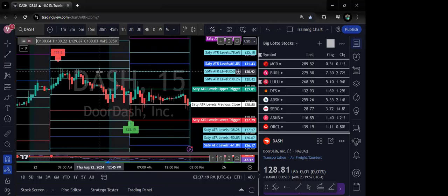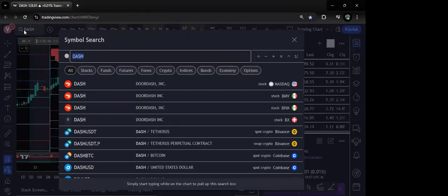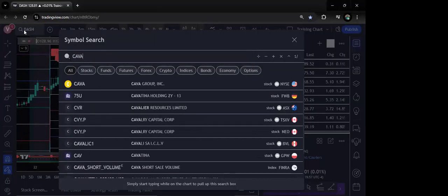Okay, so we have one. Then let's look at also Cover, and Cover had earnings. So this one would be a good example.